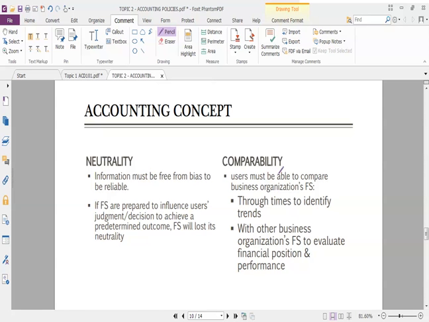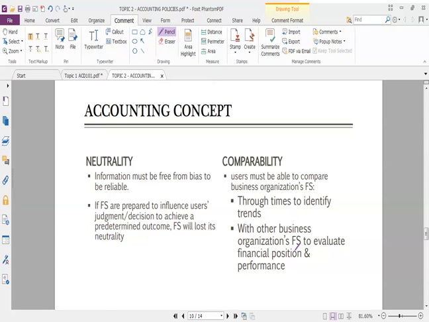Comparability is another accounting concept. Users must be able to compare a business organization's financial statements through time to identify trends, and with other businesses' financial statements to evaluate financial position and performance. So accounting information should be comparable.